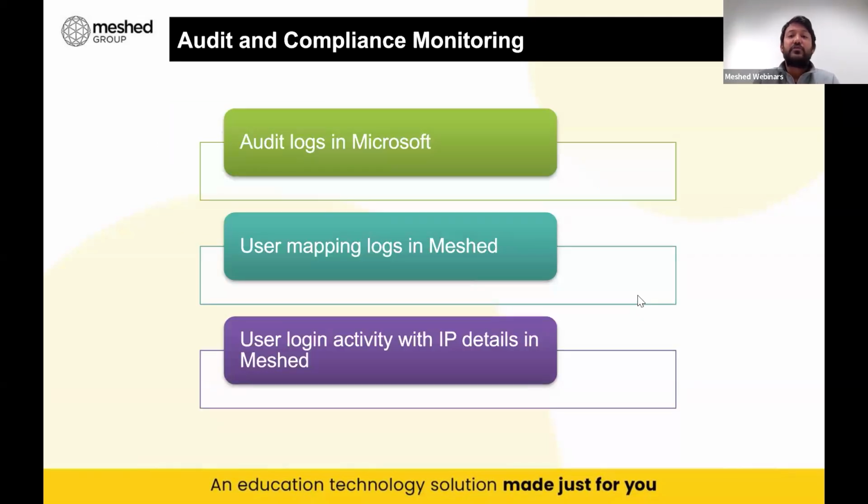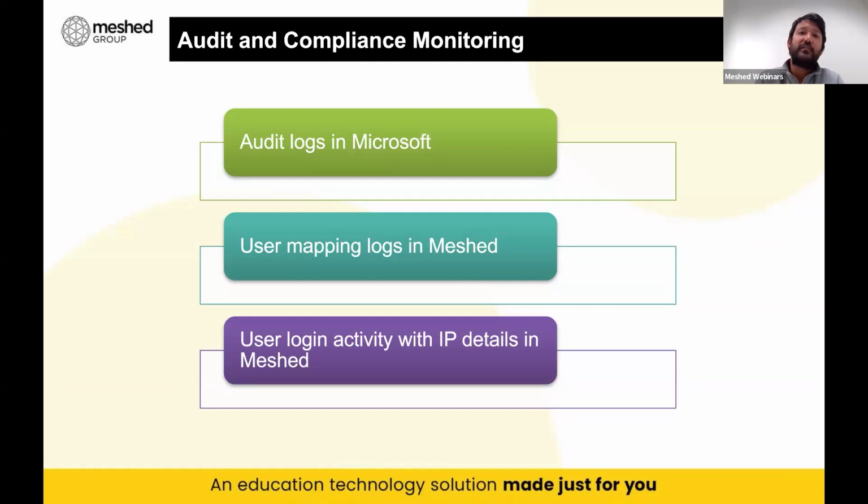Audit and compliance monitoring. Since Microsoft Azure AD is secure enough for handling all sorts of monitoring, you can see the user activity under the monitoring section in Azure AD, which gives you detailed information on what activity each user did and at what time.